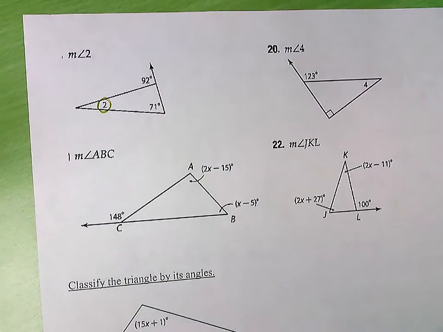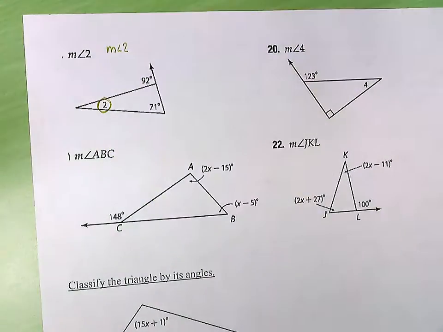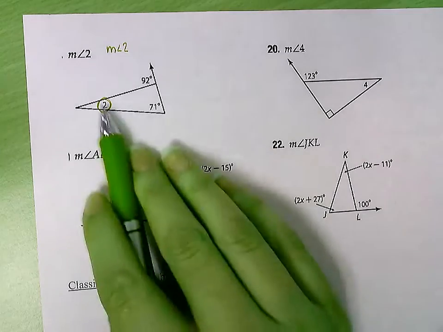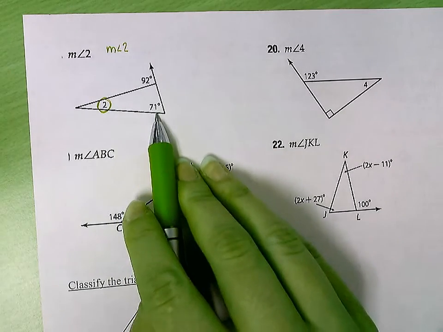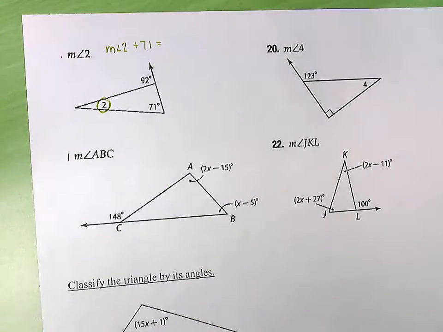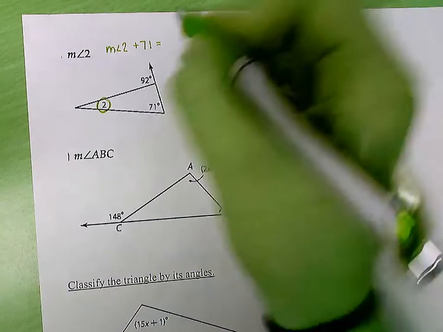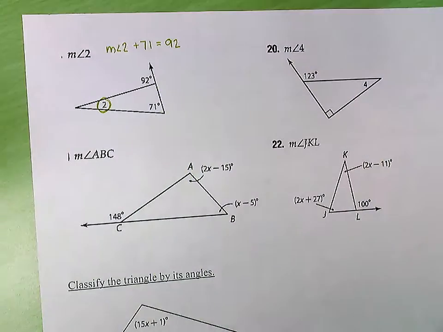So what you could do is set up an equation, if that makes more sense to you. You can say the measure of angle 2 plus that other remote interior angle, so 71, should equal that exterior, so 92.